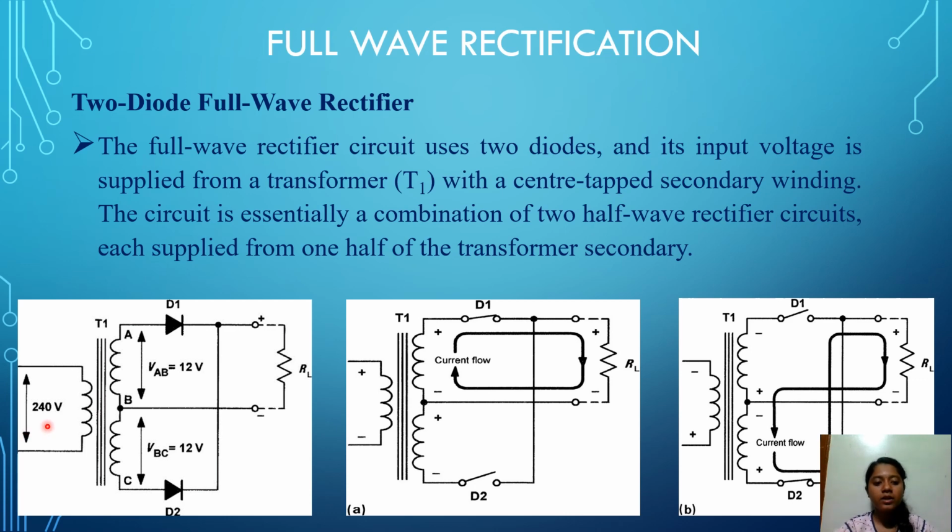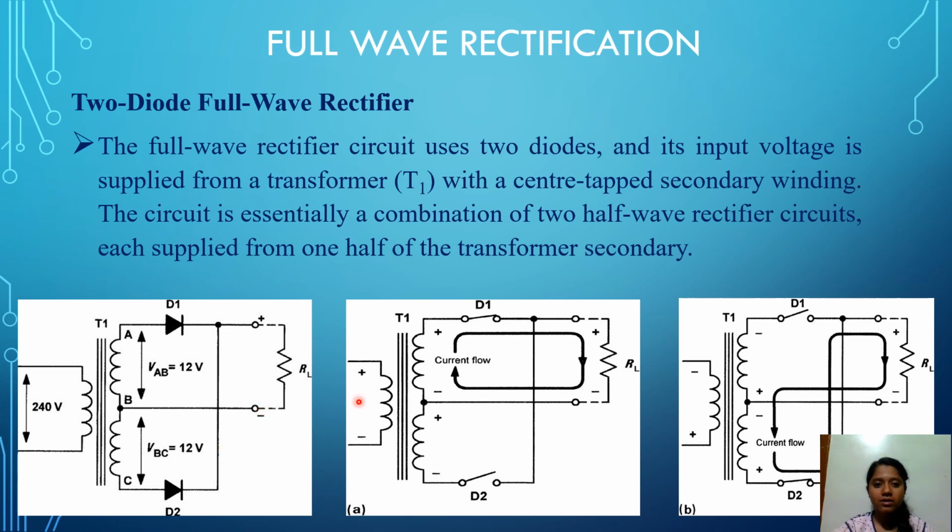Here the input is an AC signal of 240 volt, which is reduced with the help of a transformer to approximately 12 volt, and this 12 volt is equally divided between both the partitions of the secondary winding. Two diodes are used in full wave rectification, diode D1 and diode D2, and a load resistor is connected to this circuit.